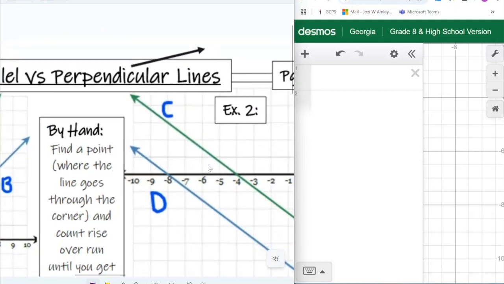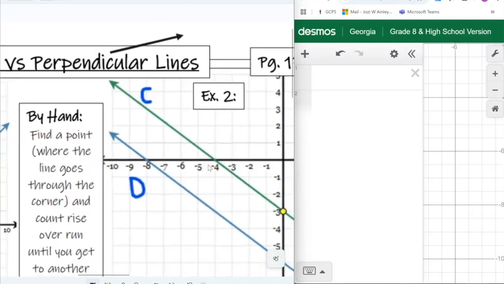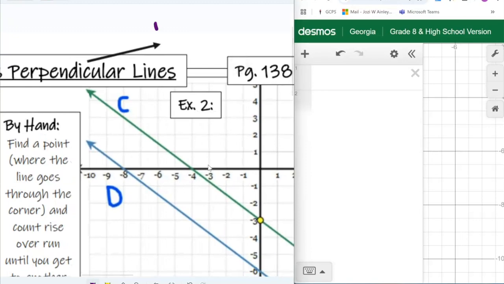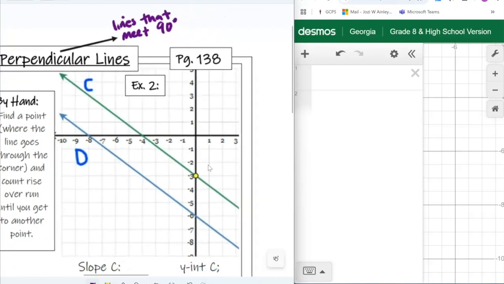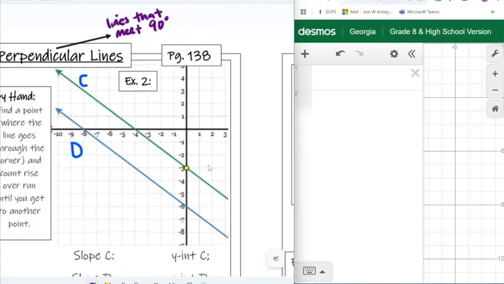When you're thinking perpendicular lines, these are lines that meet at 90 degrees. And it has to be 90 degrees, okay? To confirm that they meet at 90 degrees, you can use the slope product. All that means is when you multiply the slopes together, the slope product is equal to -1.